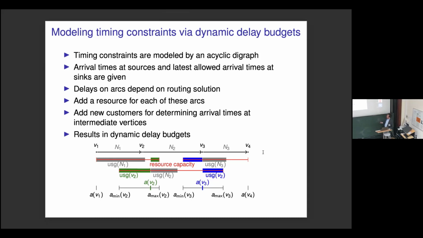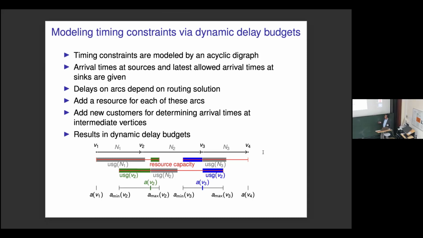So you have an arrival time here, you have a required arrival time here, and then you have 3 nets. And of course, depending on how you route these nets, you will have a certain delay from V1 to V2. You don't know yet the arrival time here, so that you can compute. But you have an earliest possible arrival time here if this net N1 is fastest possible, and the latest possible if the other 2 nets are fastest possible. So it should be somewhere in between.